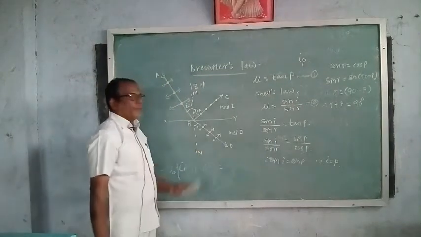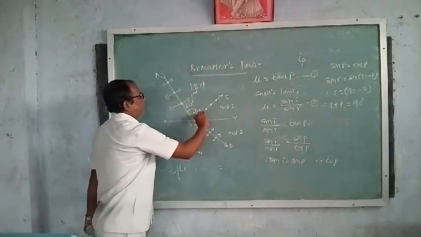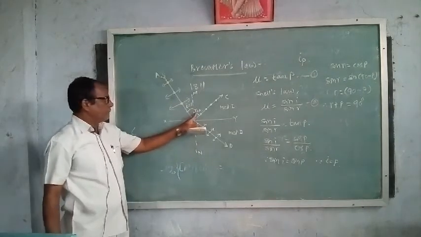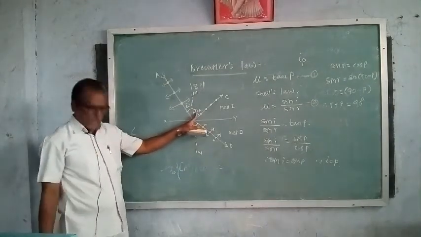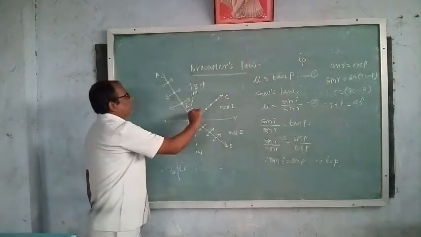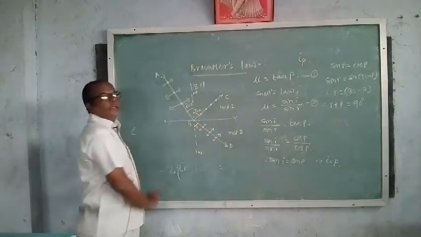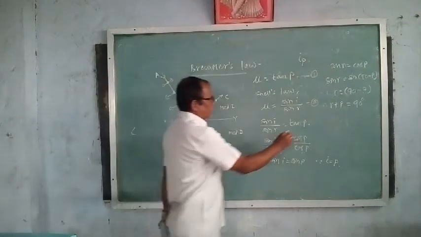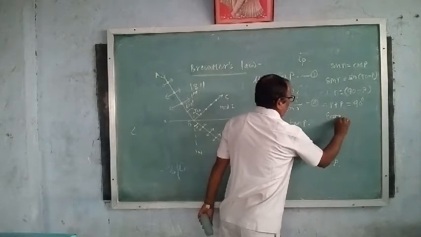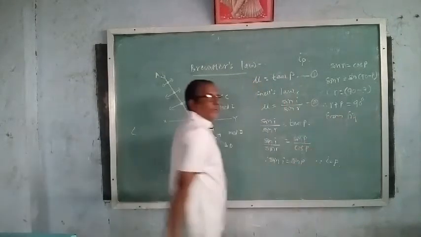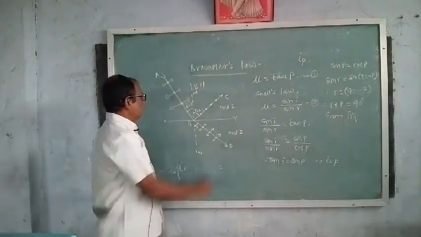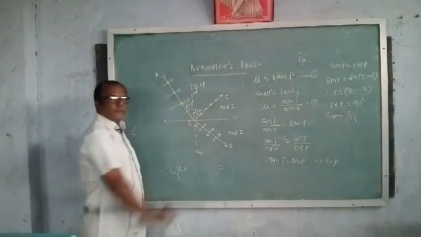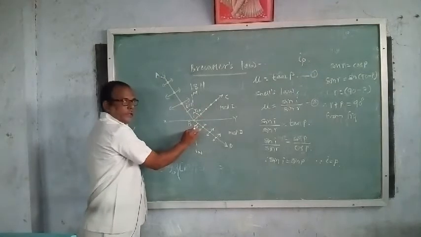Now, from the figure, this is angle P. This is angle r. r plus P is equal to 90 degrees. This total angle is 180 degrees. Therefore, using the geometry of the figure, we can say that angle CBT, this total angle, is 180 degrees.